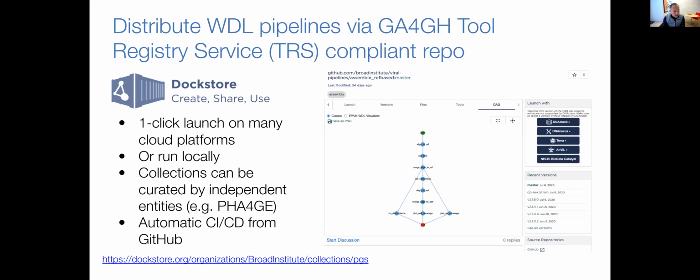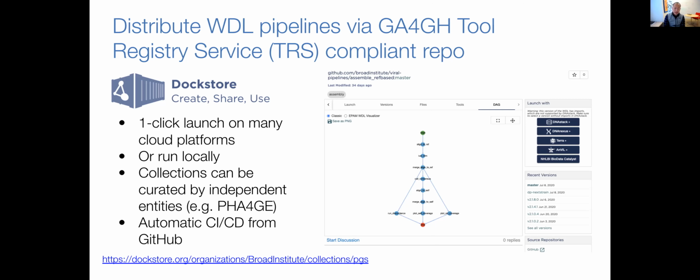So next slide. The one thing I did want to say is, we're not the only ones here in this panel who use GA4GH promoted languages like WDL or CWL or any of these other types of things. But one of the things we did make a point of doing was trying to distribute these pipelines through one of GA4GH's tool registry services. So Dockstore is the flagship implementation of this.